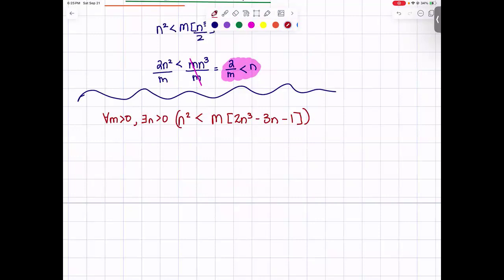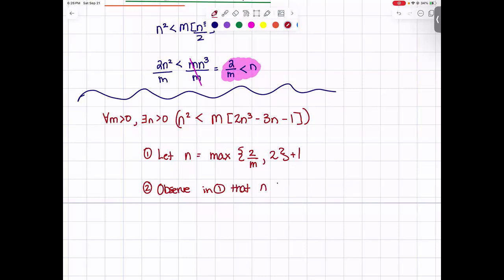All right, so let's prove it. Let n be the maximum between those two terms we found in our scrap work, plus 1. We do that so that we can then say, observe in 1 that n is greater than this max without that plus 1.